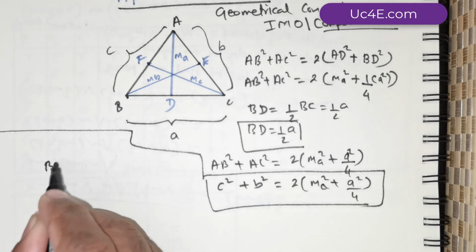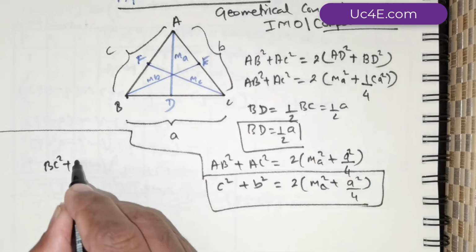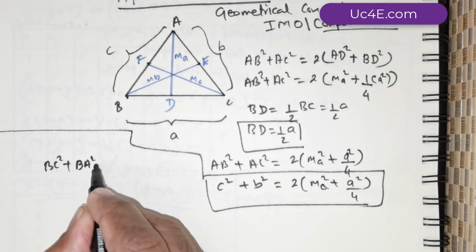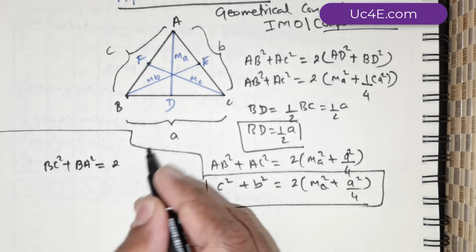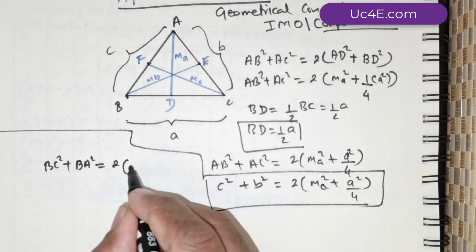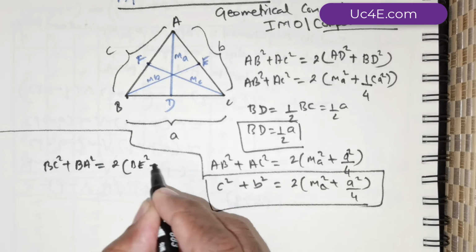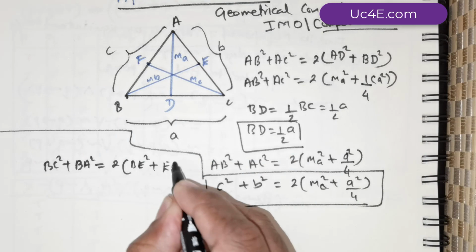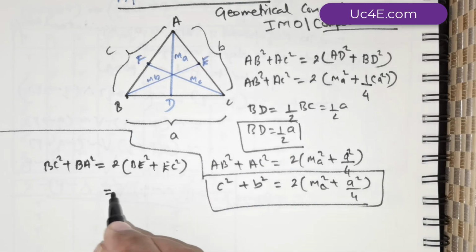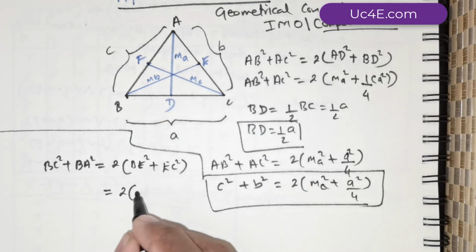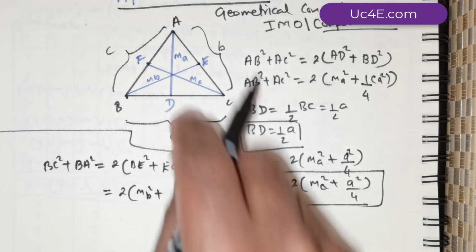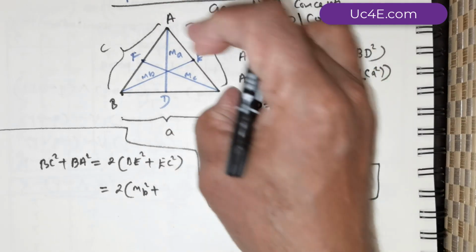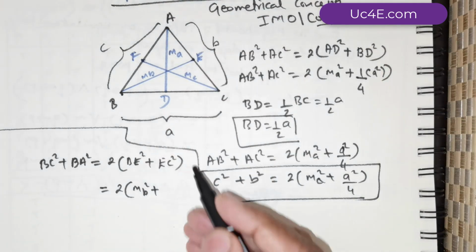So this is going to be BC squared plus BA squared is equal to 2 times BE squared plus this distance. You can take this distance, which is nothing but EC squared. So this is going to be 2 times BE, which is MB squared. Now EC is going to be half of B, right?